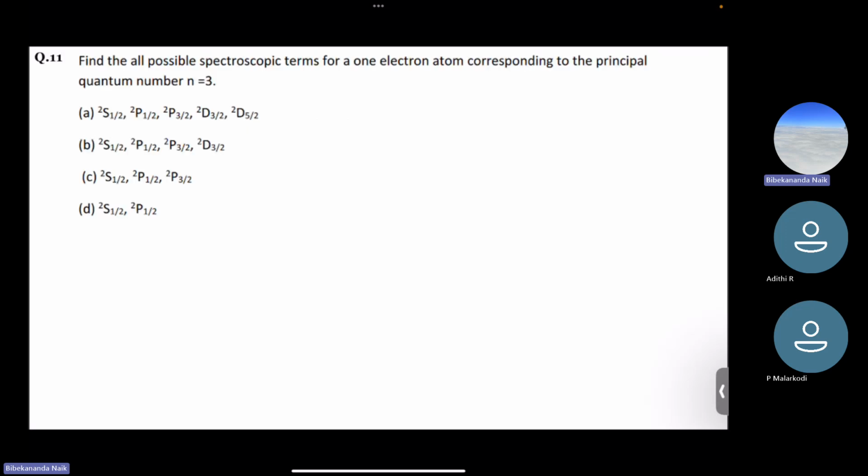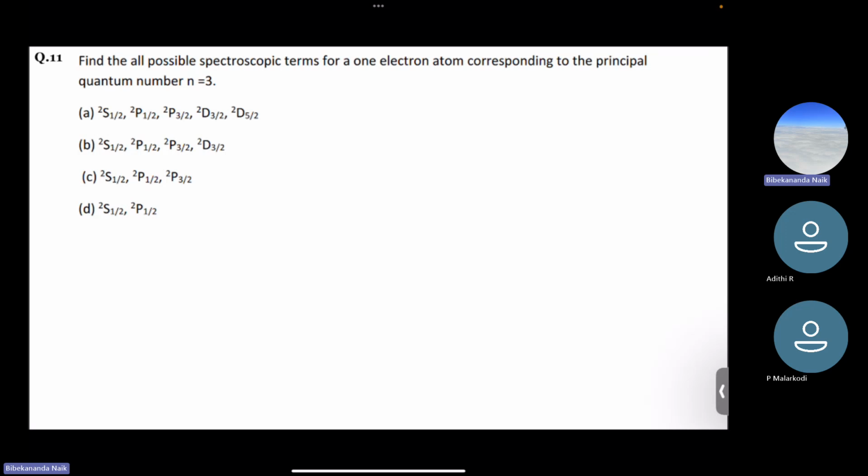However, let's solve question number 11, which says find all possible spectroscopic terms for a one electron atom corresponding to the principal quantum number n equals to 3. These are the four options. So now tell me what will be the correct option.